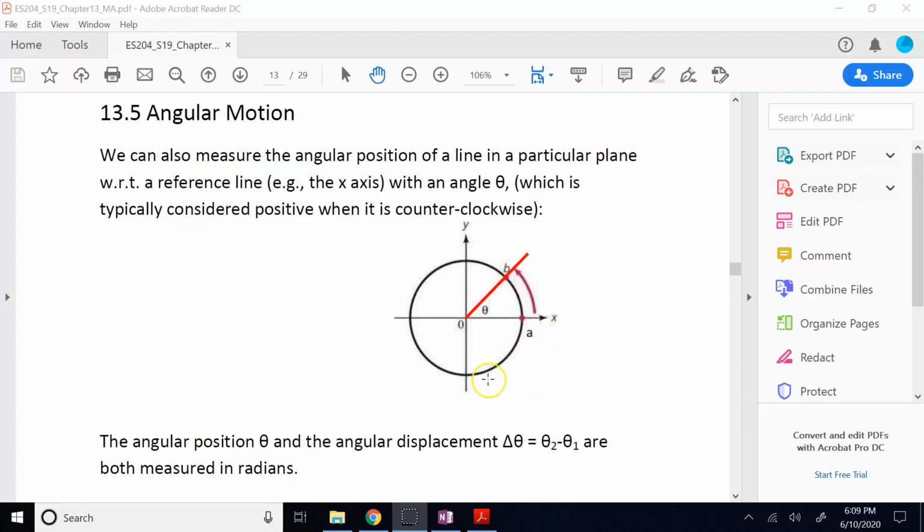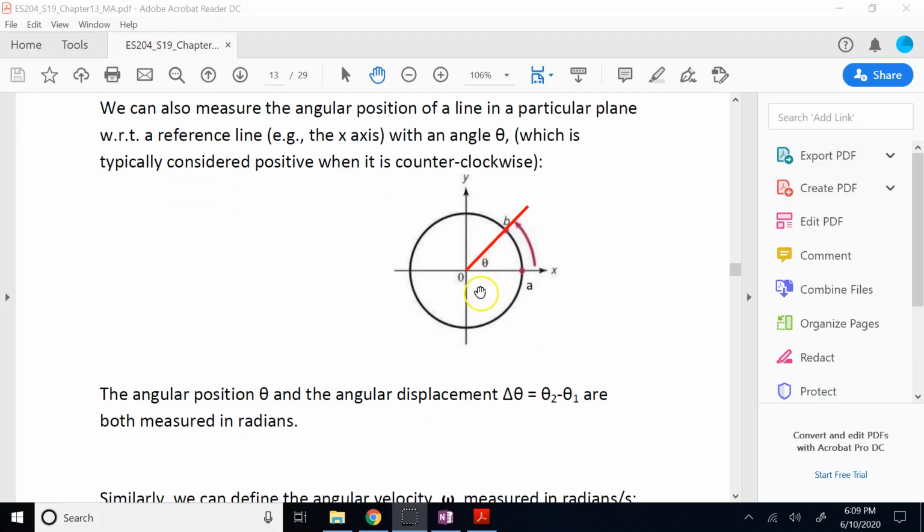If it's clockwise, it is negative. So theta is called the angular position, and if it changes versus time as the particle moves, the change in theta I call angular displacement, and I show it by delta theta, and the unit for measuring theta and delta theta is radian. Okay?